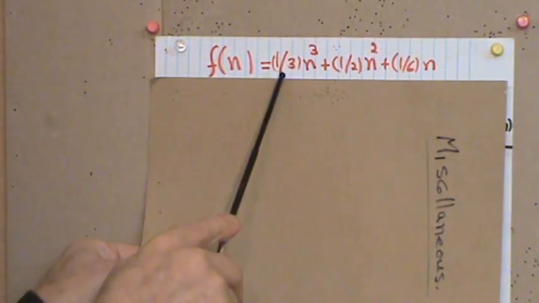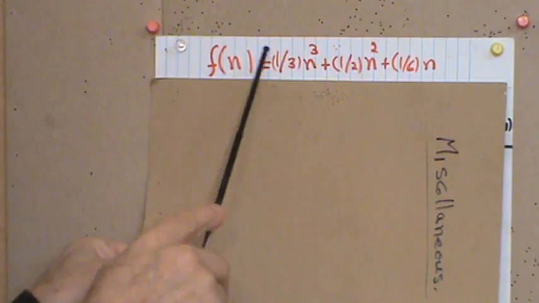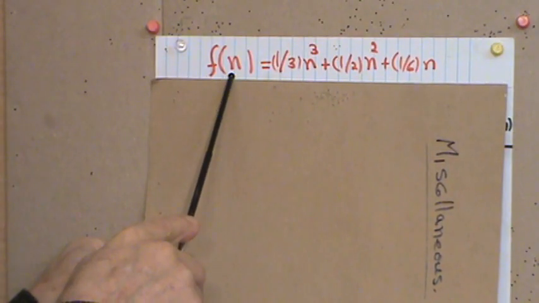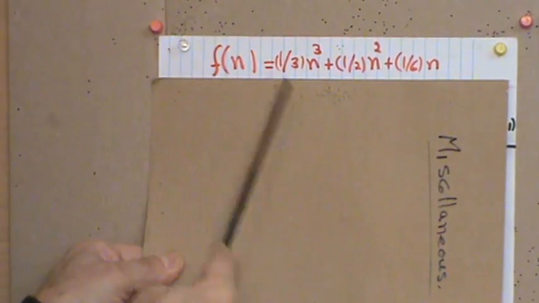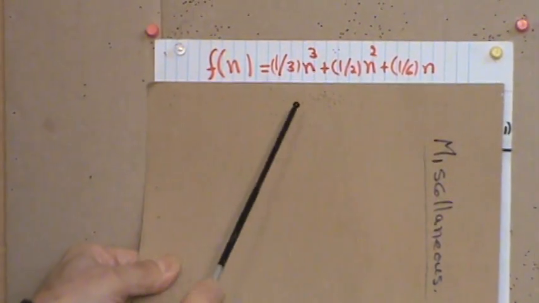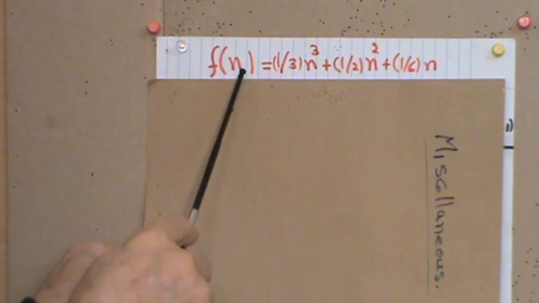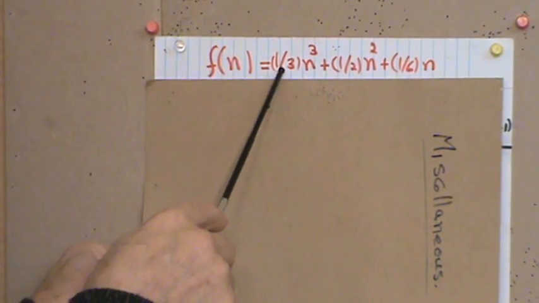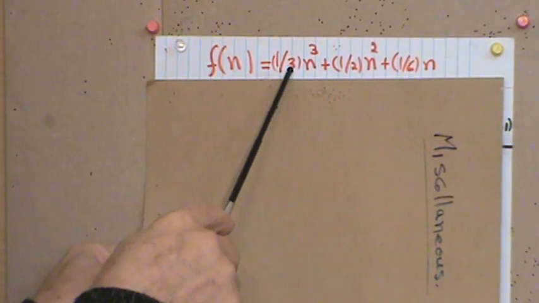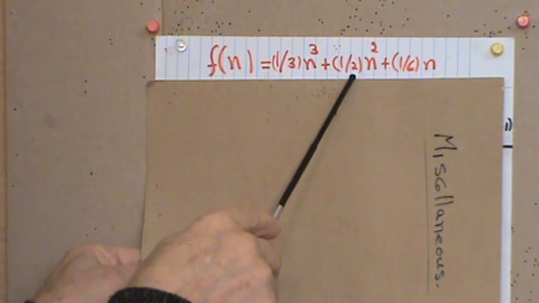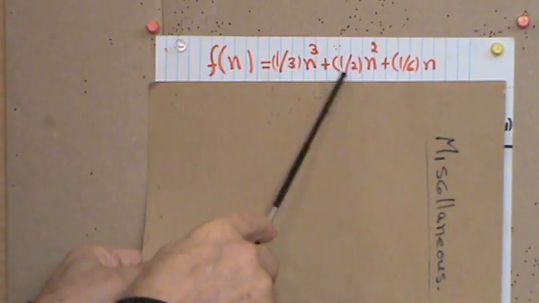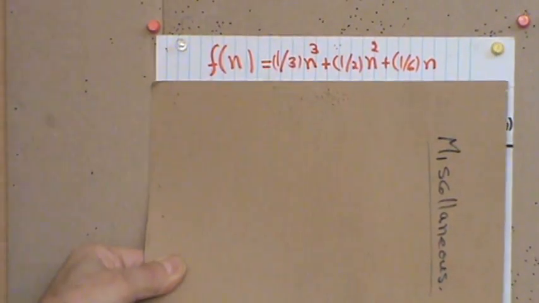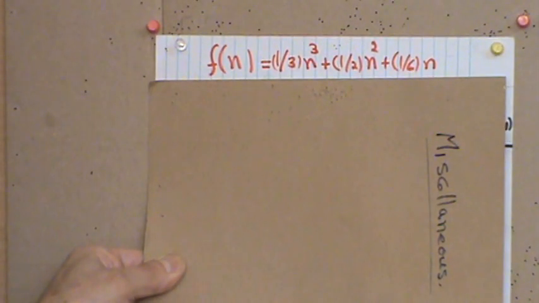When I put for my a 1/3, because you see I wrote n instead of x, because the input and output are non-negative integers, so we are working with natural numbers in a sense. So I put n. When a was 1/3, here it is. b was 1/2, here it is. And c is 1/6, here it is. So this is my formula, finish, bingo. I found the formula that I was after.